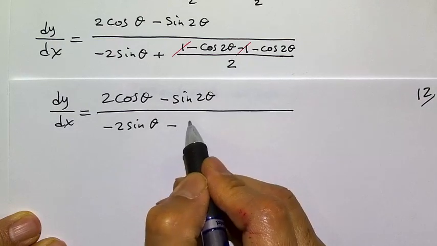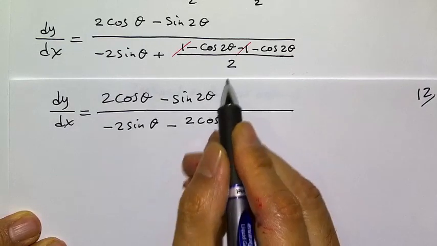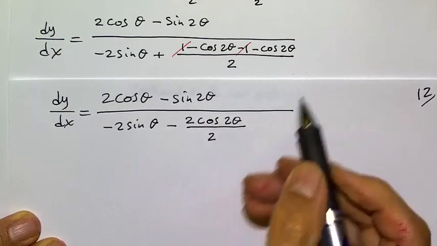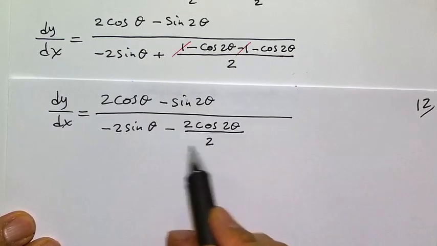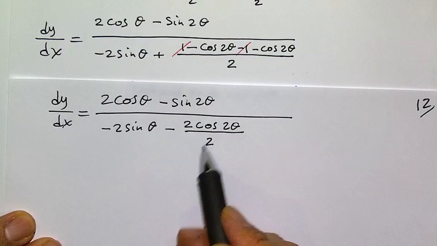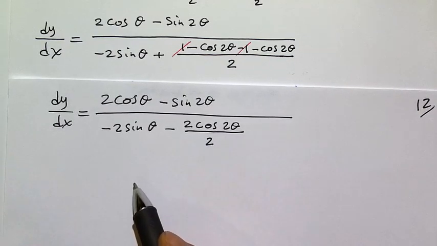So we get minus 2 cosine 2 theta divided by 2. This is nice because now we can cancel the 2's and avoid having a complex fraction. So let's do that next.